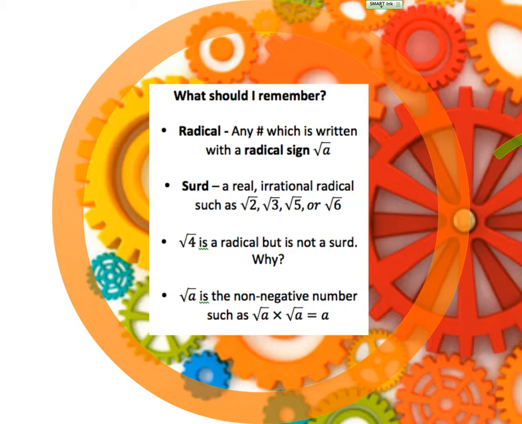I sort of already said this, but a square root of 4 is a radical, but it's not a surd. Anyone want to give a shot explaining it? What do we got? Absolutely, you can simplify that more to be 2.